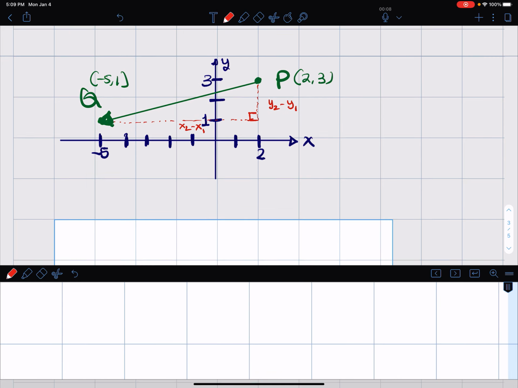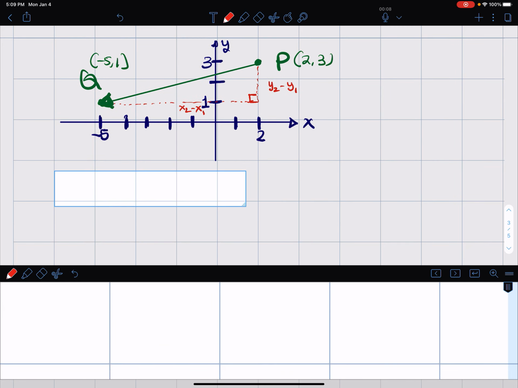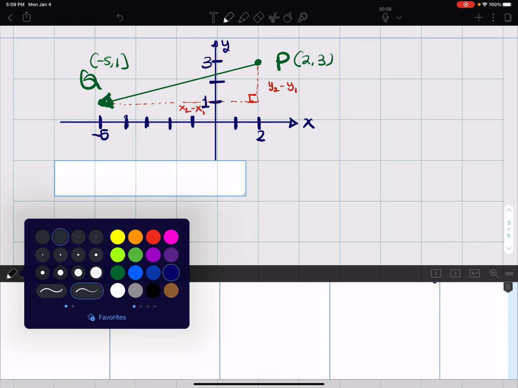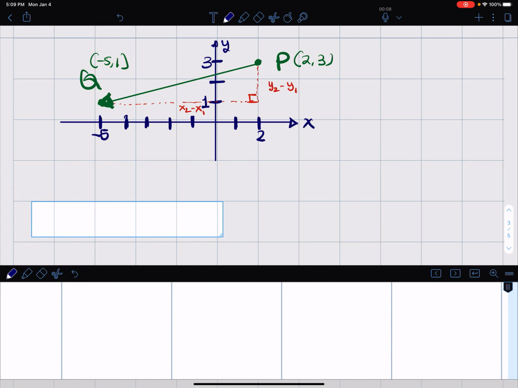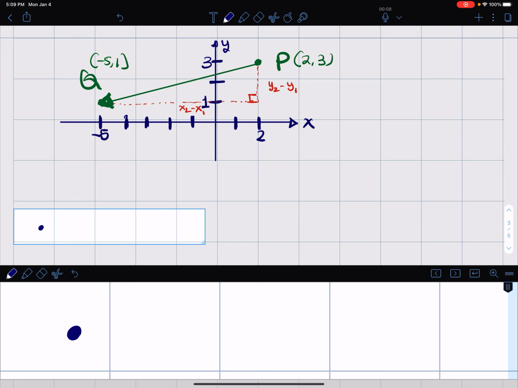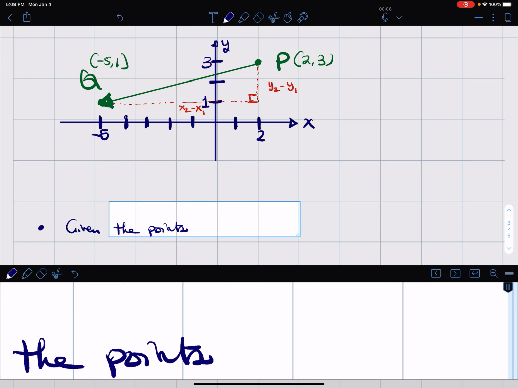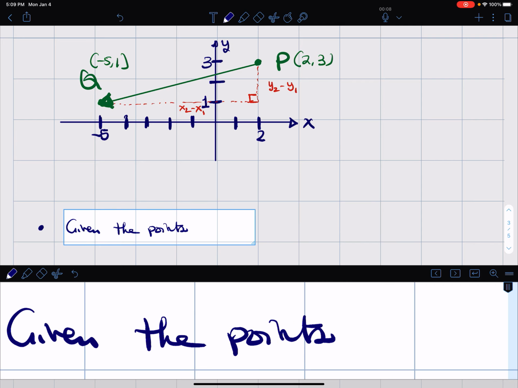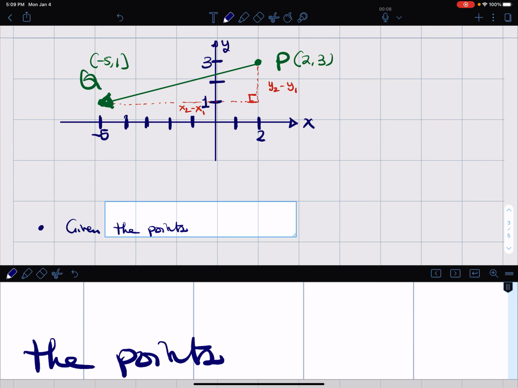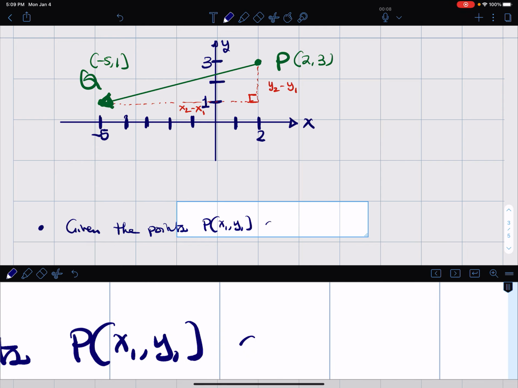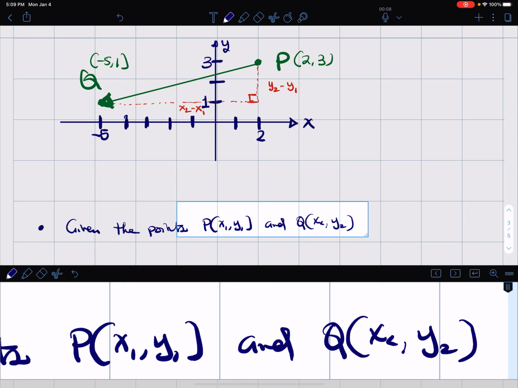So let's use that idea to find the magnitude of a vector in general. Given the points P is x1, y1, and Q is x2, y2, right?